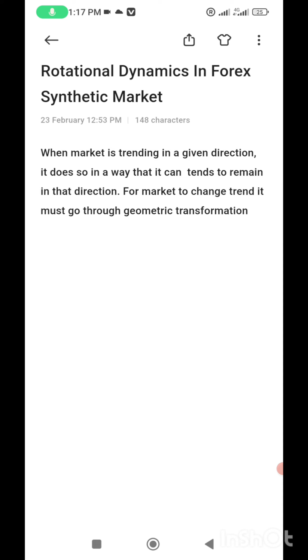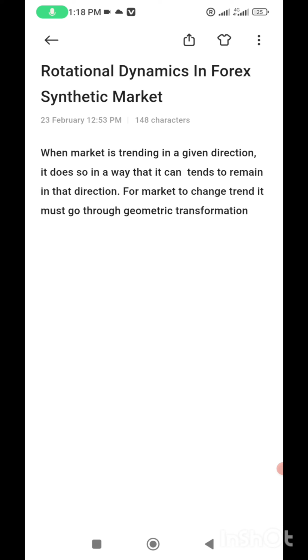I'm gonna talk about this trend thing, because some people think that a trend is when the market has a kind of movement modeled by a definite trend line. Not really like that. In the application, you will understand what a trend actually is. For the market to change trend, it must go through geometrical transformation, and that is where rotational dynamics comes in.